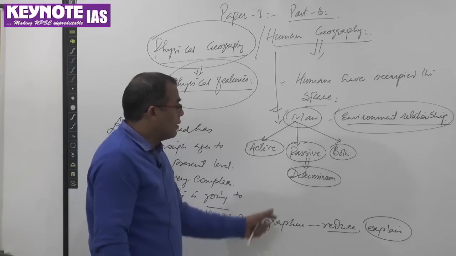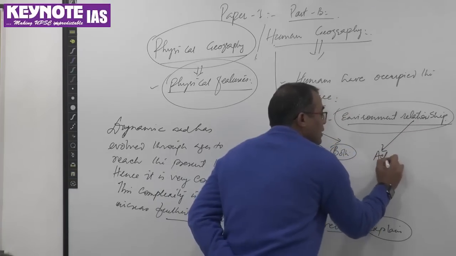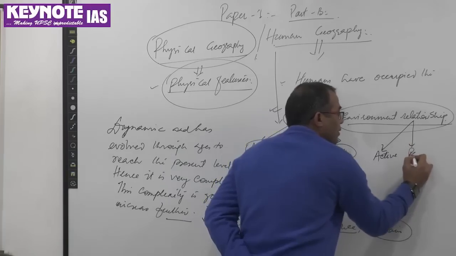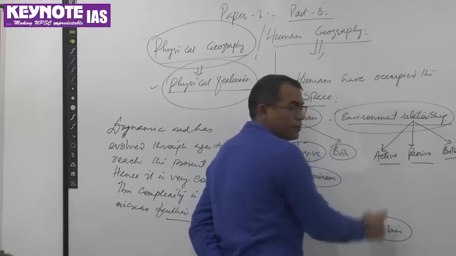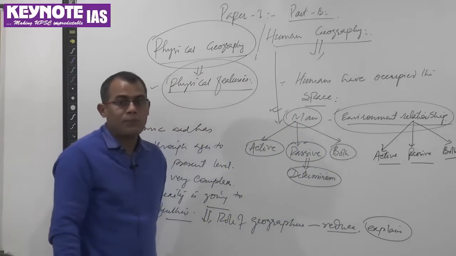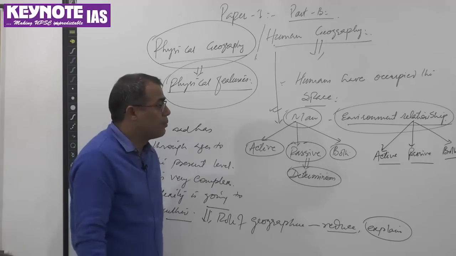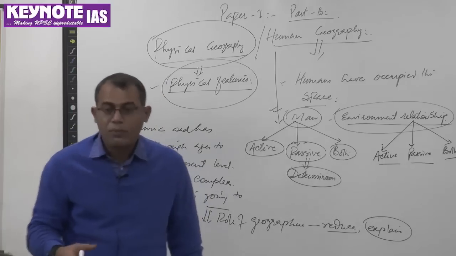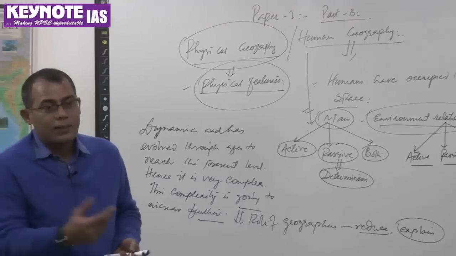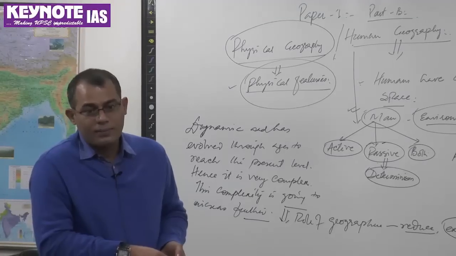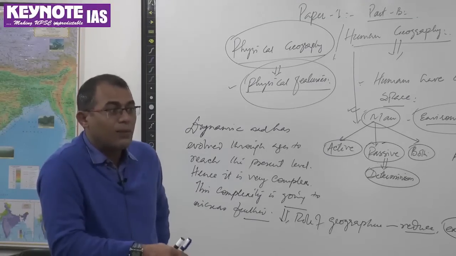Now in that question, first comes whether environment again is an active one, is a passive one, or both, or a mix of both. So if the present human environment relationship, if you see, is it really active or passive or both? Both, right? In the past environment was active.